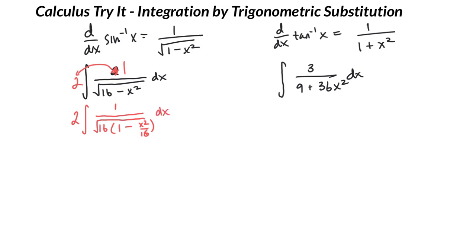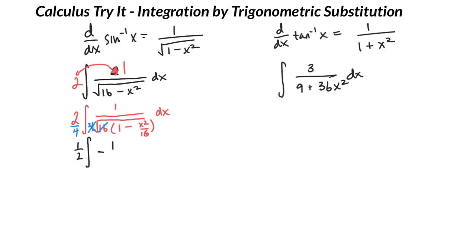Now, the square root of 16, of course, is just 4. That can be pulled out of my square root, and because it's a constant multiplier, I can pull that out of my integral. It was in the denominator like that. So 2 over 4 is 1/2.